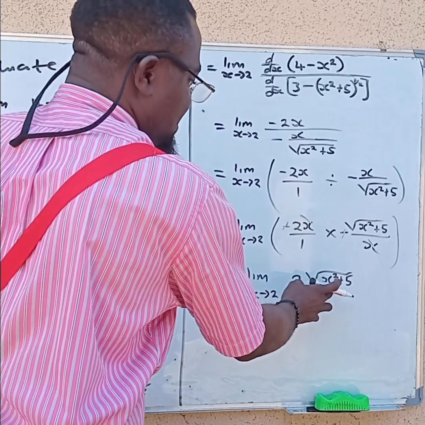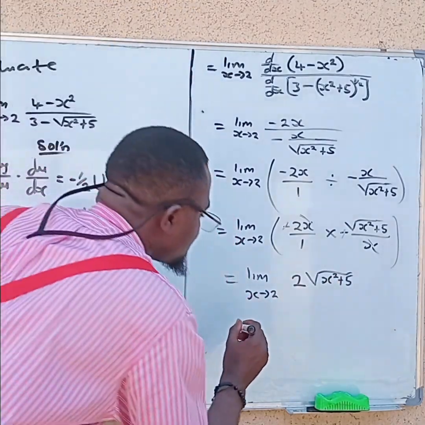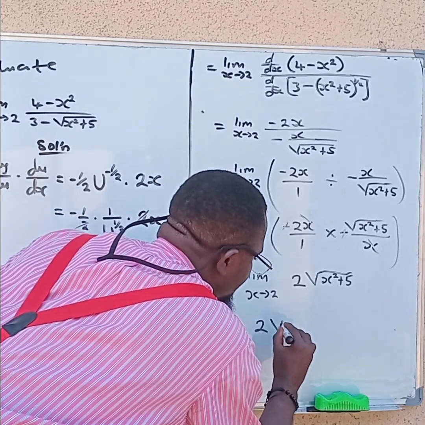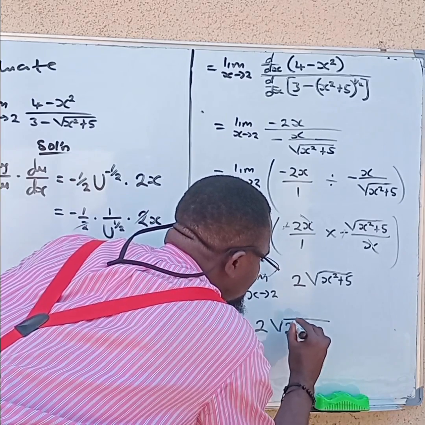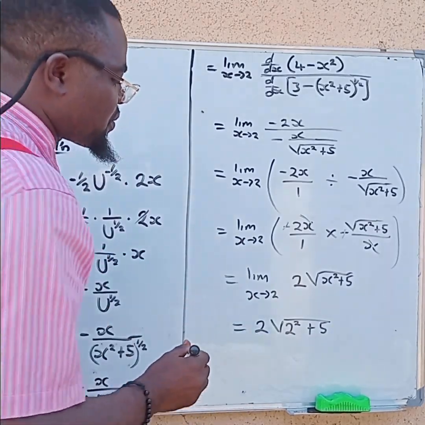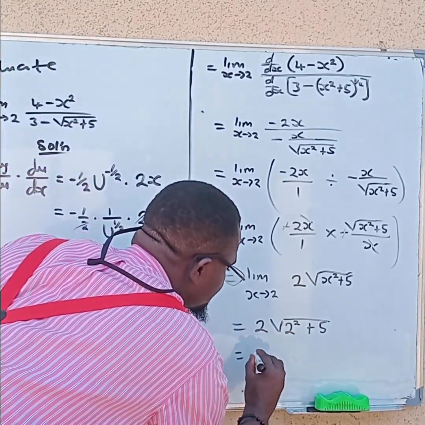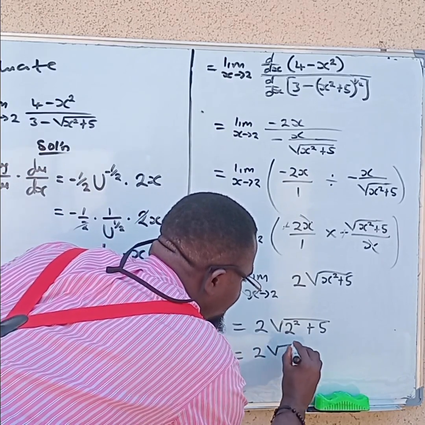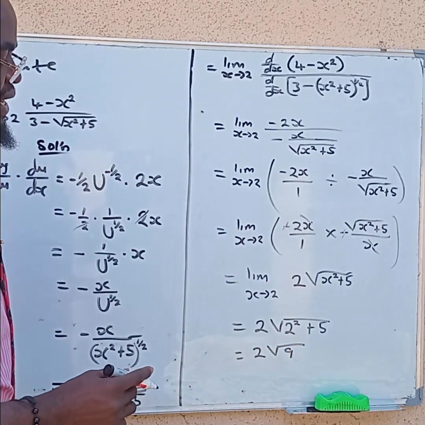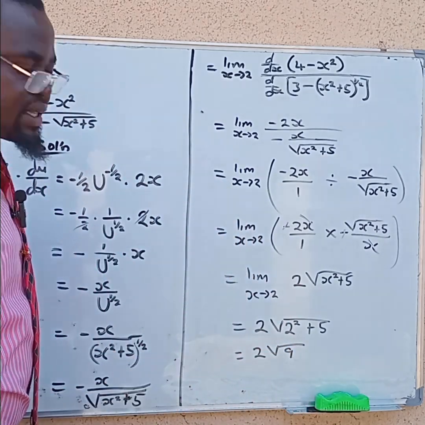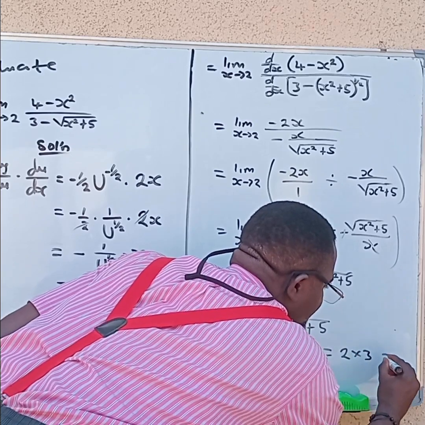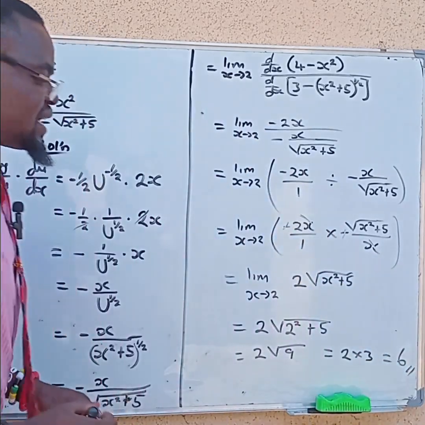And as x tends to 2, we'll now say that is 2 times the square root of 2 squared plus 5. And 2 squared is 4. So this is the same thing as 2 times the square root of 9, because 4 plus 5 is 9. And the square root of 9 is 3. So it will now be 2 times 3, which is equal to 6. And that is the answer.